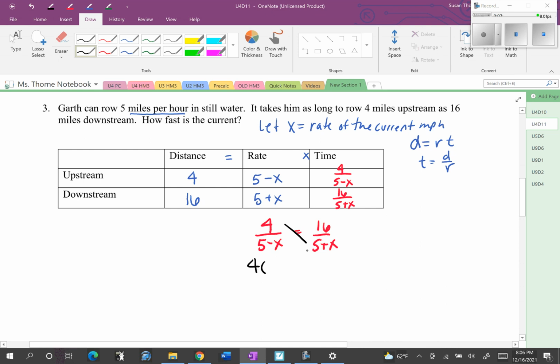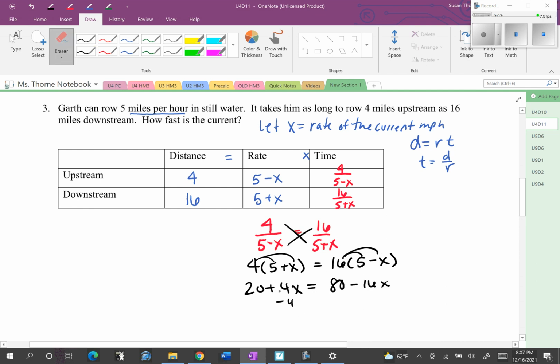So 4 times 5 plus x, or you could write x plus 5, equals 16 times 5 minus x. And then we're going to distribute. So 20 plus 4x equals 80 minus 16x. Subtract, or actually let's add the 16x.